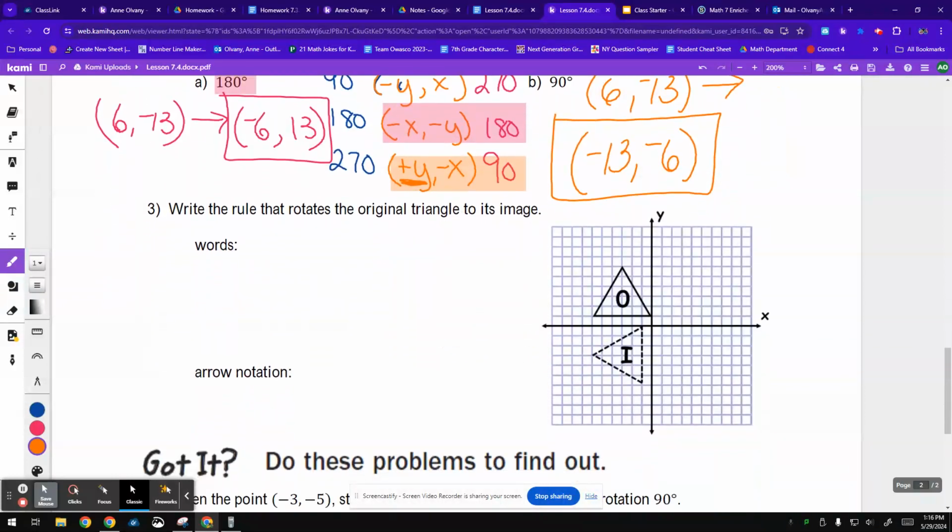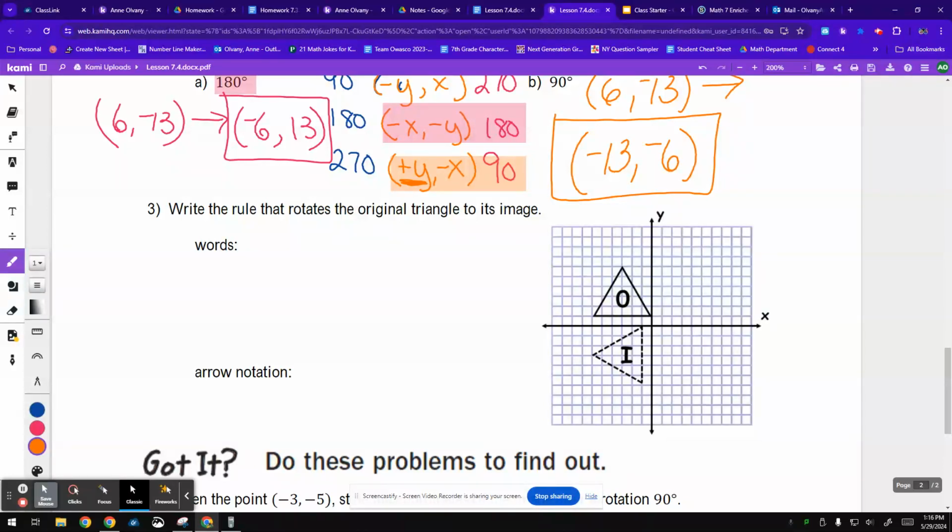All right. Write the rule that rotates the original triangle to its image. So you've got to kind of picture this triangle. Did it get slid down? No. Did it get flipped down? No. So it got turned. Did it turn clockwise or counterclockwise?